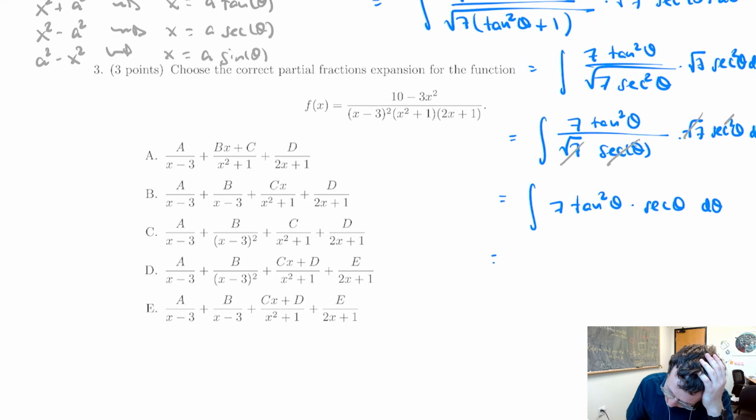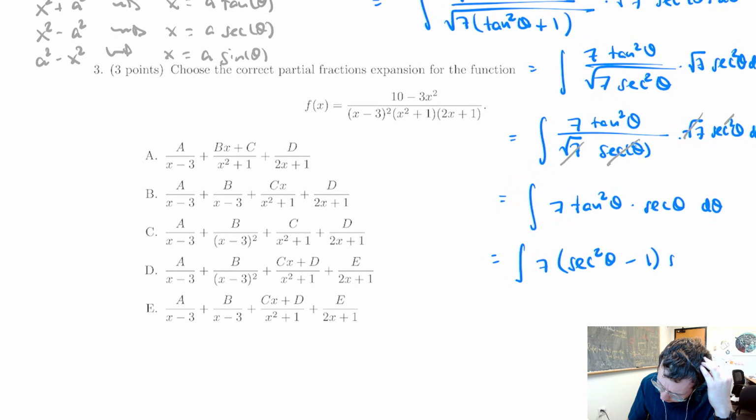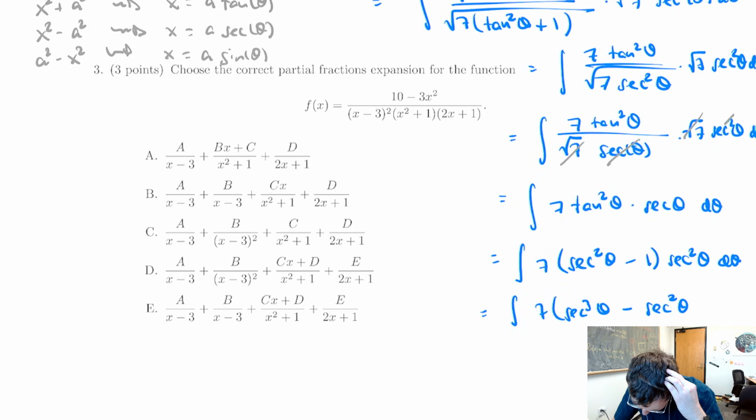So the reason I think this is going to be terrible is my gut feeling is that I should try rewriting tangent squared theta as secant squared theta minus 1, but then I end up having to integrate secant cubed theta minus... Oh, no, wait.